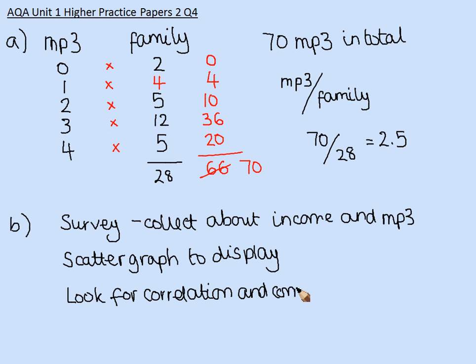So if he works out that families with a higher income have more MP3 players, if he's got a positive correlation, then his hypothesis is correct. If he works out that there's no relationship between income and MP3 players, he'll have no correlation. If it turns out that a lower income family has more MP3 players, then that would be negative correlation.